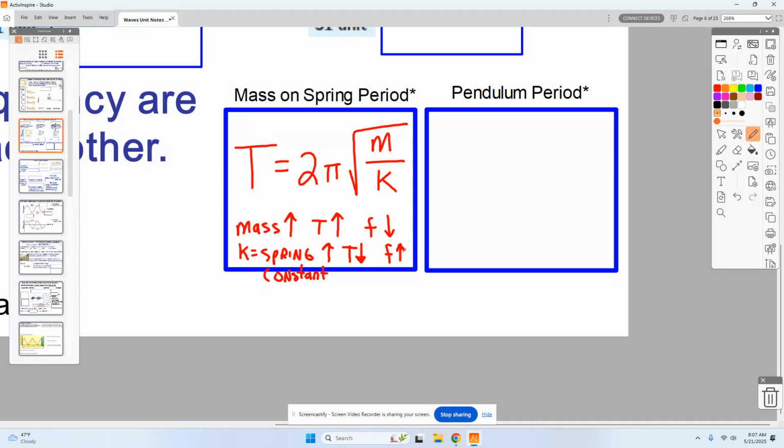Now, yesterday I had you guys estimate the length of that pendulum. I'm going to show you guys the equation for the pendulum period, and I'm going to have you guys try to calculate the length of that.